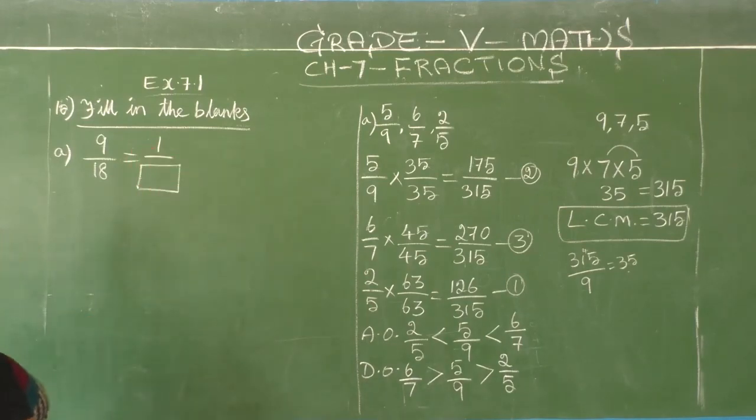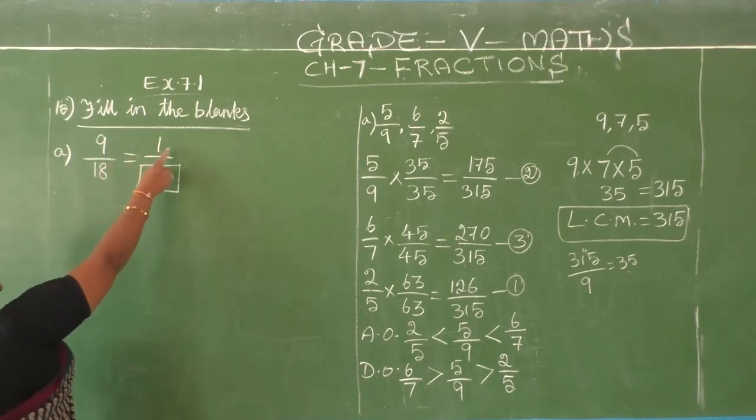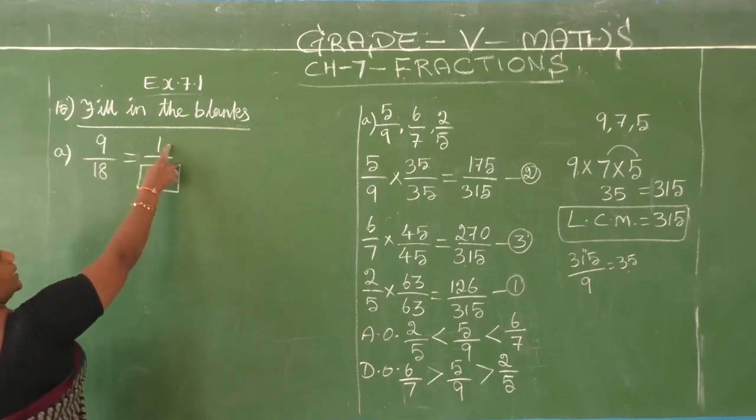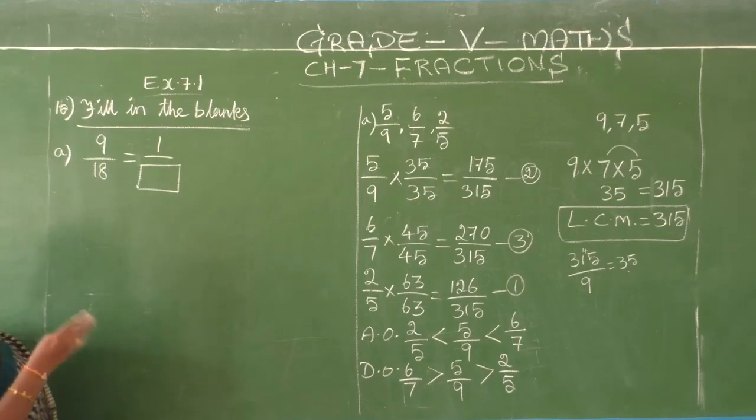So how can you find out? You have to take the common factor for these two numbers. Okay, what are the common factors? 3 and 9. So suppose you take 3, 3 3s are 9. That means the equivalent would give 3 here, but here they gave 1 only. Then go to the next common factor, 9. 1 9s are 9.